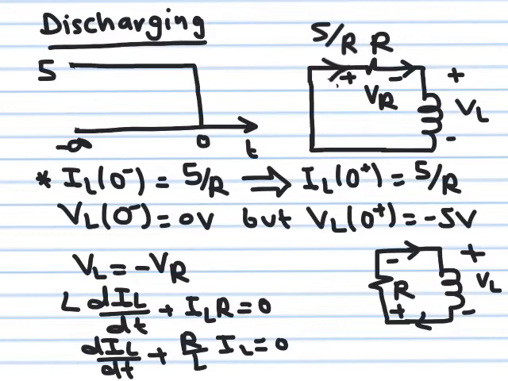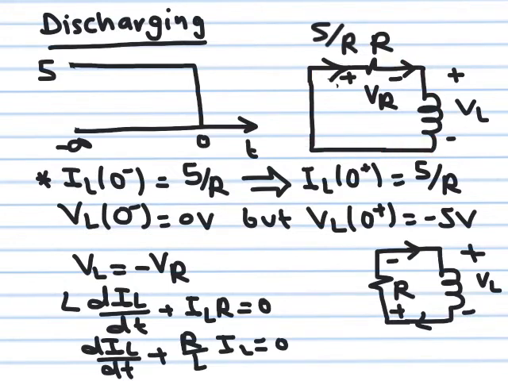Now, the inductor current cannot change its value instantaneously. It's like a wheel that's turning. You cannot suddenly stop it. So what's going to happen? The inductor current will still flow in this direction.